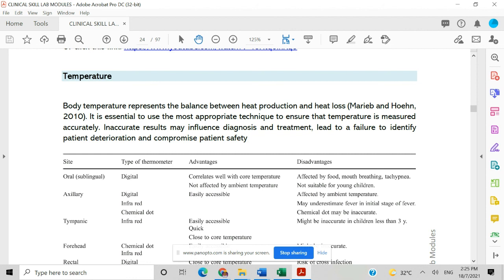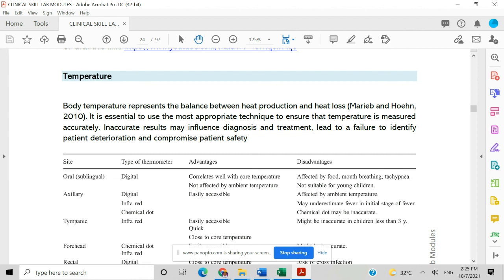Blood pressure for a patient who has medical problems such as heart problems and high blood pressure, or any patient aged 40 years and above, plus if you want to do invasive procedures. Okay, so these are the indications that you might think of when you should take the vital signs.